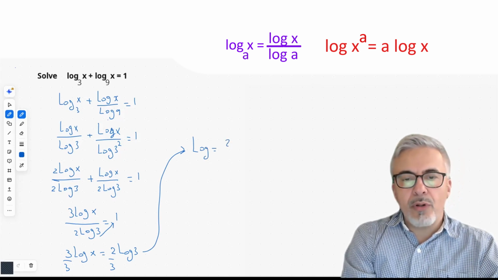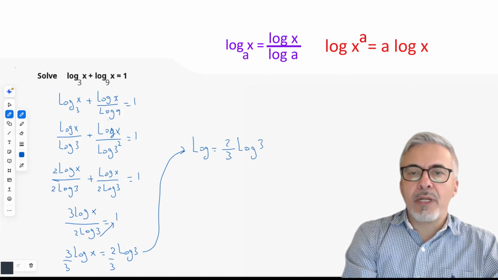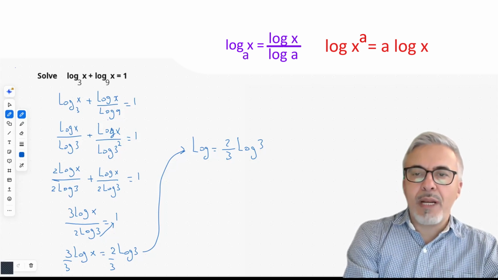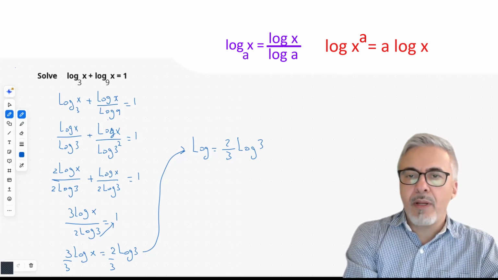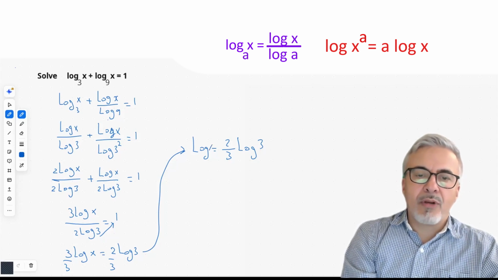equals 2/3 log 3. And you know, sometimes we need to bring the exponent down, but sometimes we want to bring the exponent up and take it from here to there. So this relationship is reversible. Sorry, I forgot the x here.